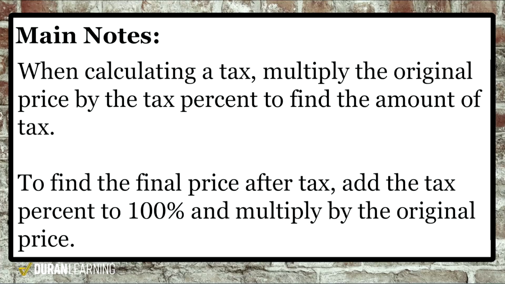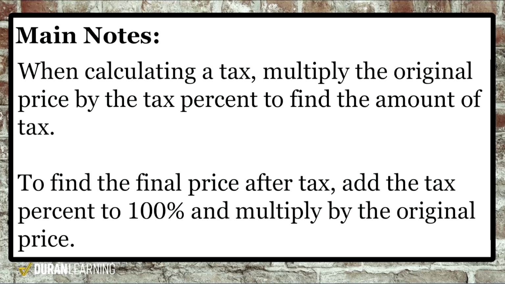All right, so let's talk about tax. When we're calculating a tax, here's the thing. If our goal is to get the amount of the tax, then we want to multiply by the percentage of the tax. Again, it comes down to that main idea: the percent you apply is the result that you get.